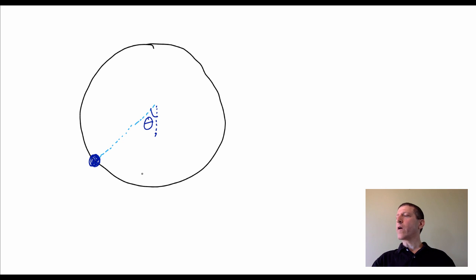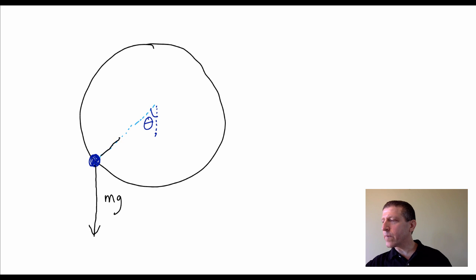So we've got to draw all of our forces, and again, divide this up into components. Let's go ahead and just draw the forces on here. mg is pointed straight down. And there's a tension right here. We need our positive direction to be towards the center of the circle. So we have to break up the force of gravity into components, one of which is along the radial direction.